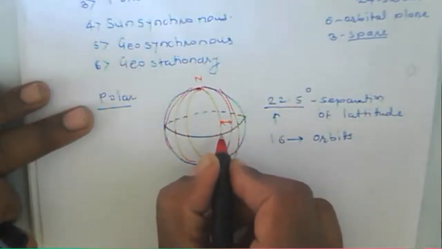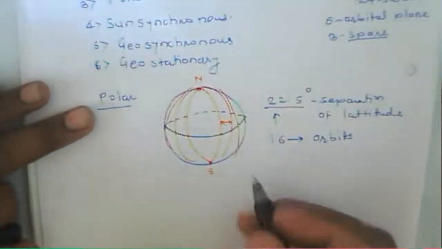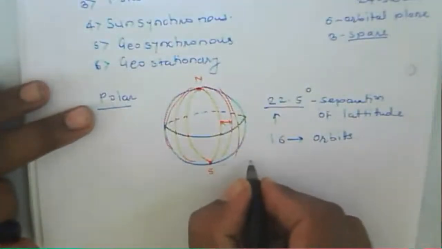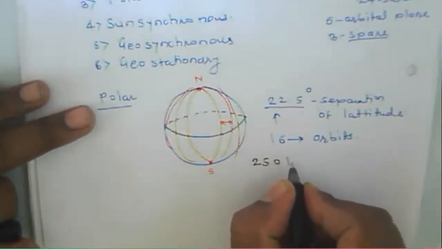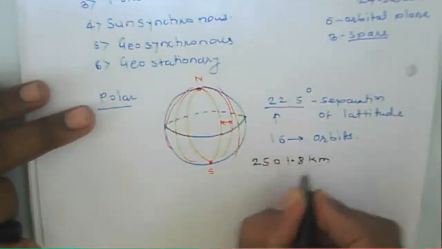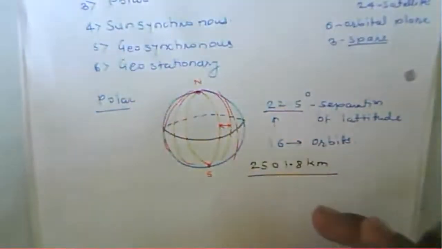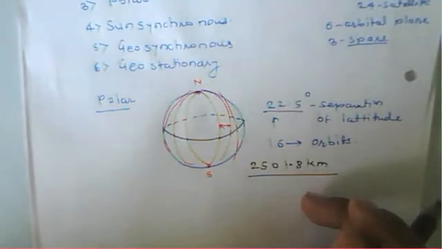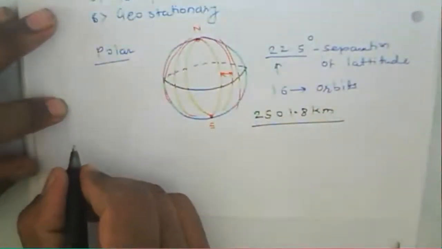These are nothing but one path and two paths. The separation between these two paths in kilometers, if you calculate it using the equator length, will be nothing but 2501.8 kilometers. That is the separation of this particular polar orbit.